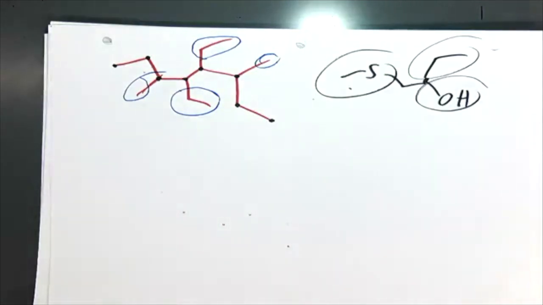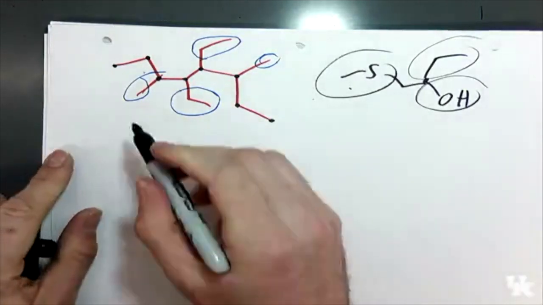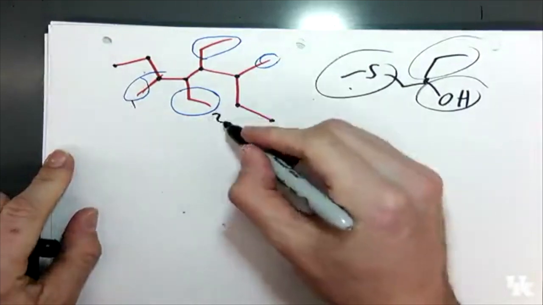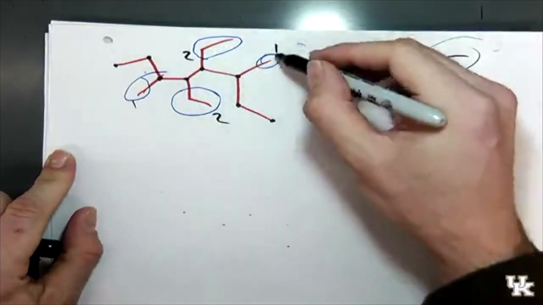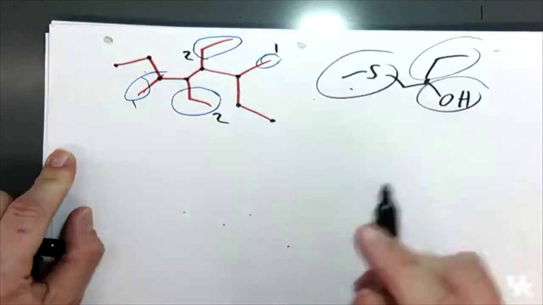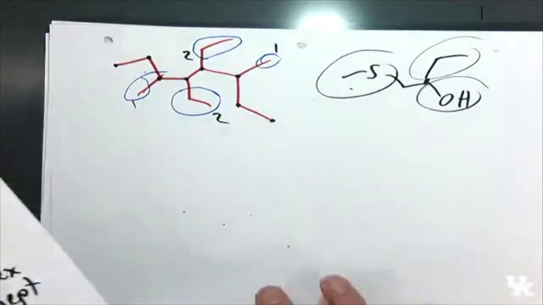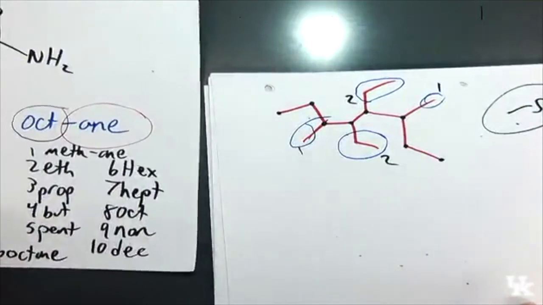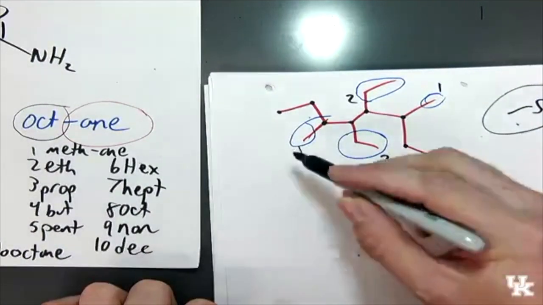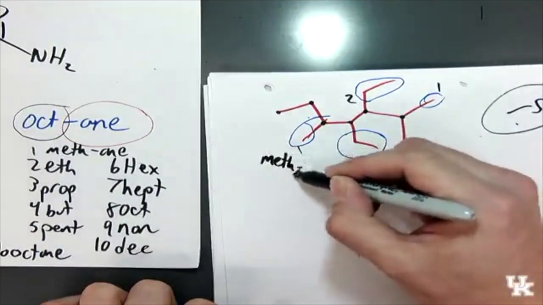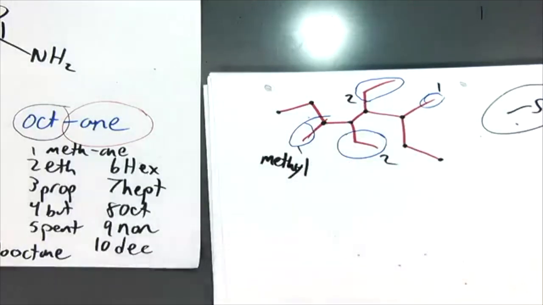So now it's good if we name the substituents. You found the parent chain, you have identified the substituents, now you should name them. So in naming them, this has 1 carbon, this has 2, that has 2, and this has 1. So we go back to our really fun naming convention here. 1 is a methyl. Ooh, that's a new suffix.